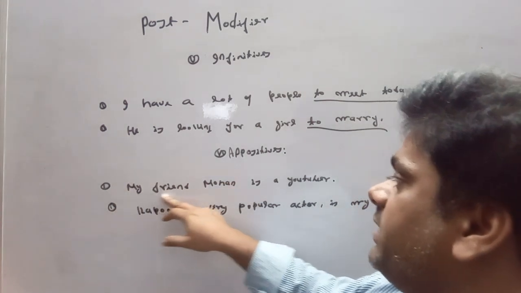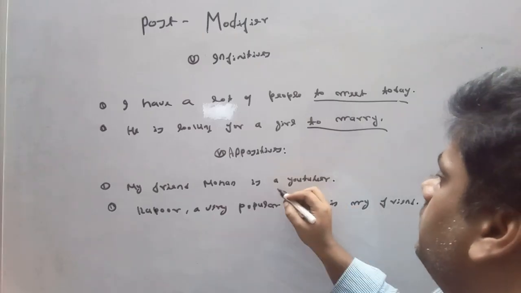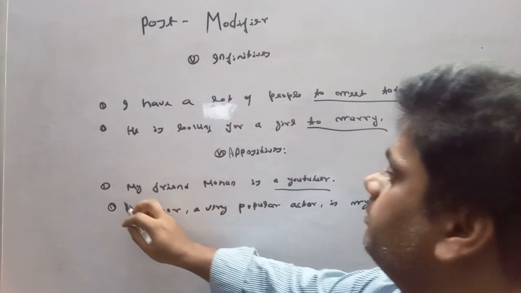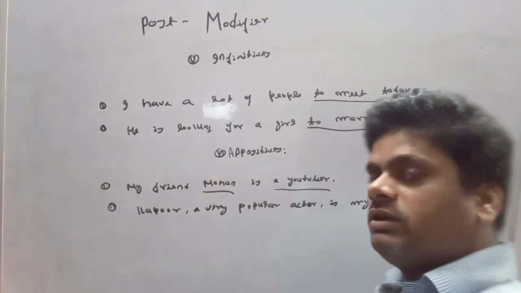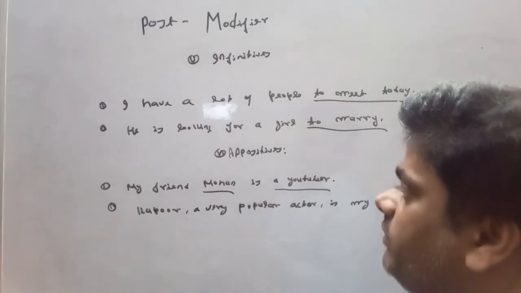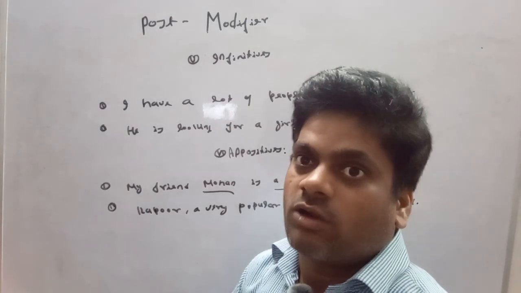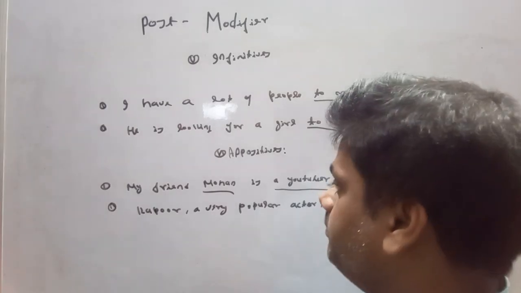Examples: my friend Mohan is a YouTuber. Mohan is a YouTuber and YouTuber is Mohan. So, where one noun expresses the meaning of another noun, we can say that it is working as an appositive.